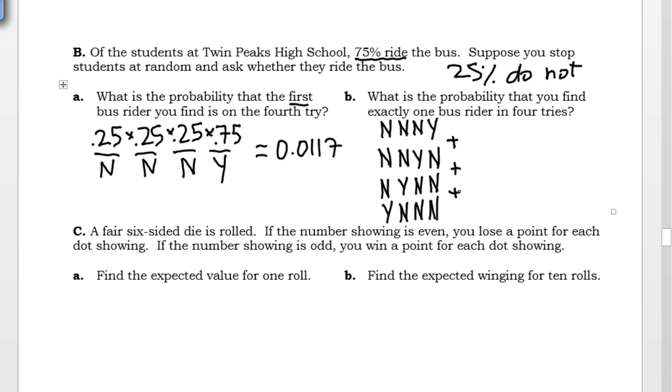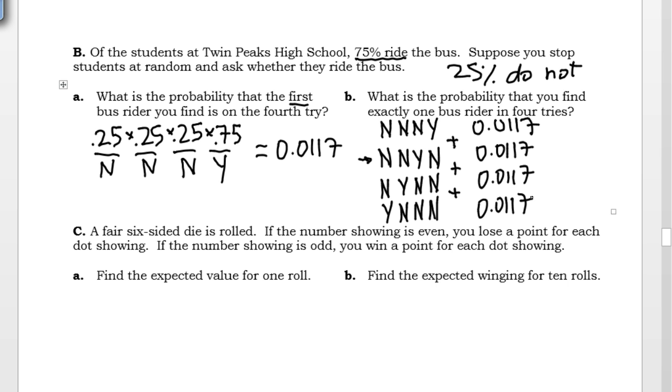I already know this one is 0.0117, but this outcome is really just 25, 25, 75, 25. Even though I'm reversing the order, I'm still going to get the same answer. And the same answer. And the same answer.